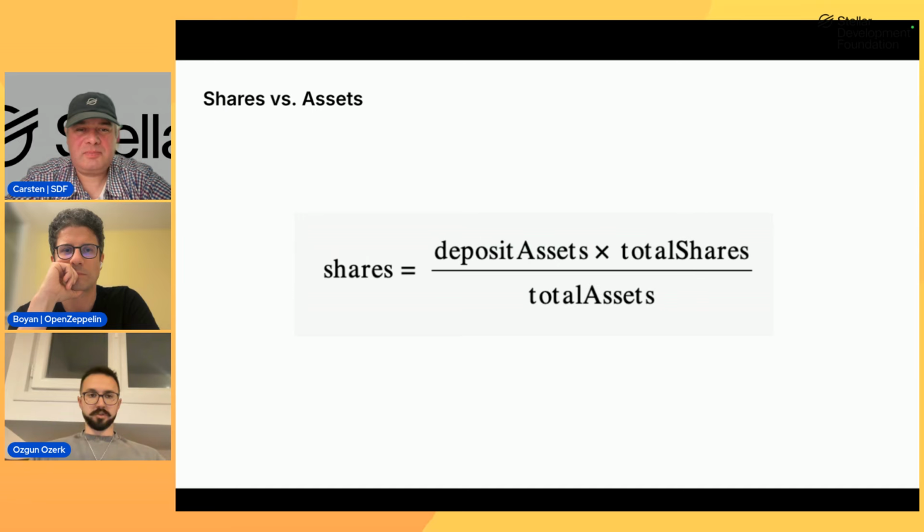So how do we calculate shares and assets? Let's say you deposit your assets and you will get shares. The basic formula for that would be we multiply the deposit assets by the total shares currently in the vault, and then we divide this result by total assets in the vault, and that whole result will be your shares.